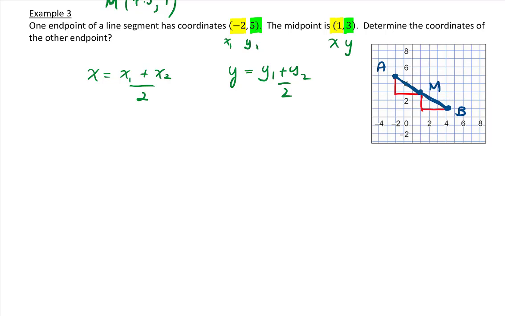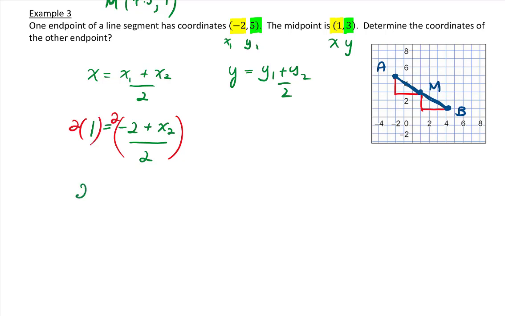So all we're going to do is sub these values into the corresponding equation. So for the x, we'll take the x from the midpoint, that's 1. We know one of the endpoints is negative 2. And then we don't know the other endpoint, so that's x2. And we divide it by 2. Let's get rid of the 2 from the bottom. So we're going to multiply both sides by 2.